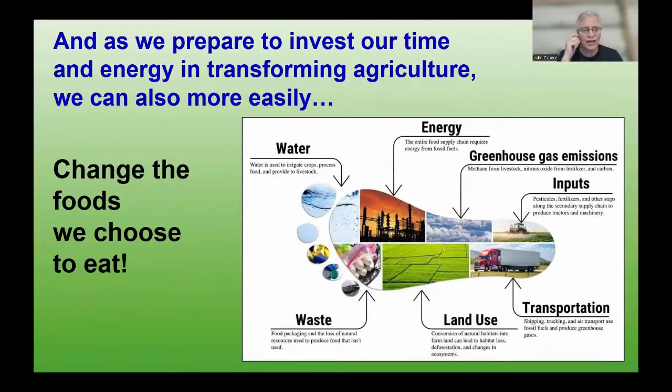But as we gear up to invest in regenerative agriculture, we must also take other easier steps to reduce our climate impacts. We need to change which foods we choose to eat. Our diet leaves a massive environmental footprint.